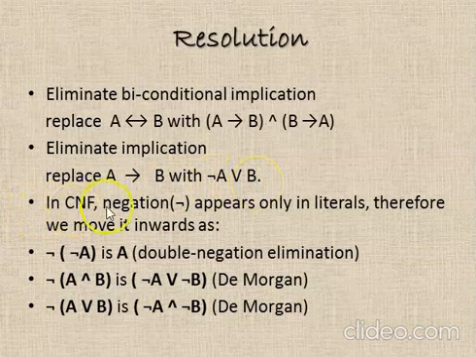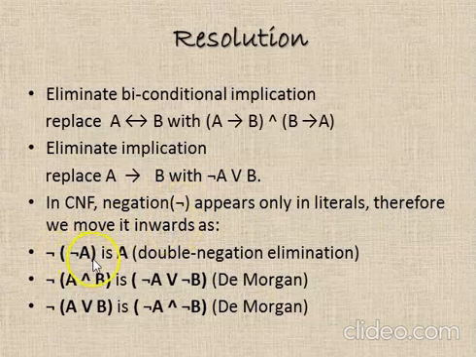Then in CNF, negation appears only in literals. Therefore, we have to take that not or negation into the inward portion. For example, if not of not A, we have to take this not into this bracket so that we will get A. This is double negation elimination.